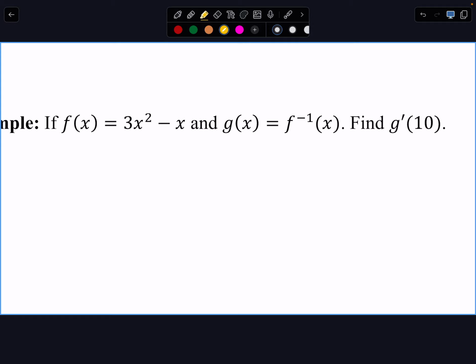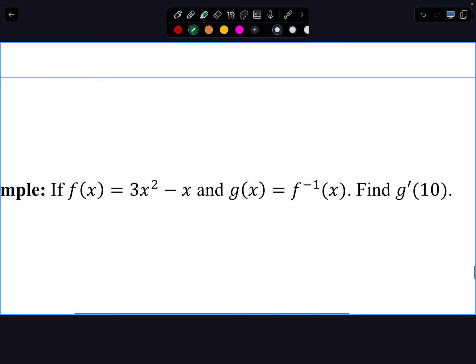One could say that's not 1-to-1, because it's a parabola, right? However, if we were to restrict the domain, couldn't we make the function 1-to-1?